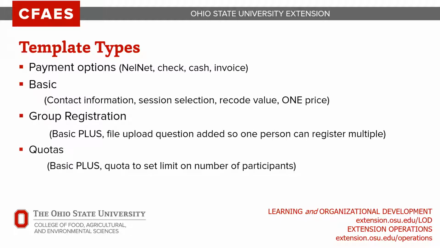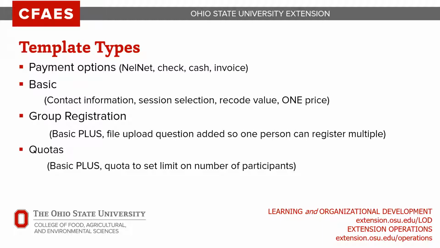Then we'll have an option for quotas. Right now, if you're doing an in-person session or teaching something in person, we have a limit of 25, 50 people. I can't remember what the number is, which is bad. But there is a limit on how many people can be in a room at the same time to attend an in-person session.